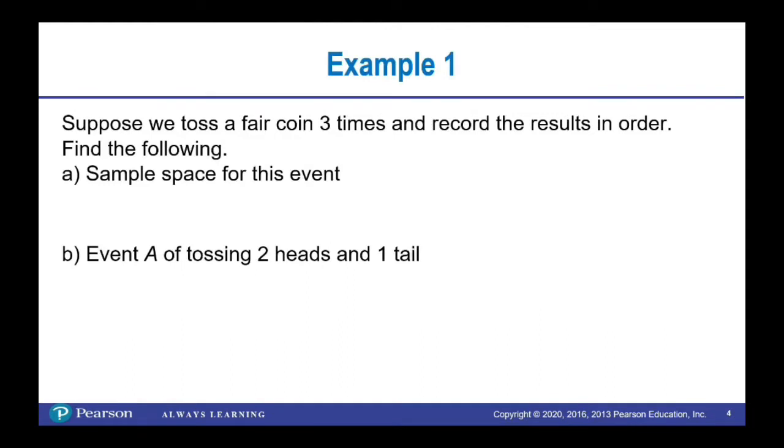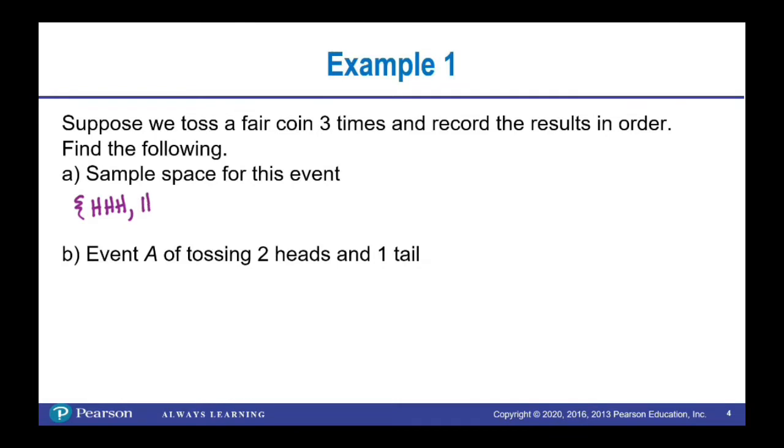First, let's suppose we toss a fair coin 3 times, and I want to think about the sample space for this event. Now remember from section 9.1, a sample space is a set, and so we use the wavy braces to represent a set. Now if I toss a coin 3 times, I might toss 3 heads. That's one possible outcome.